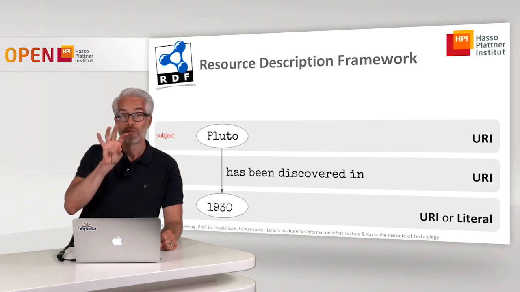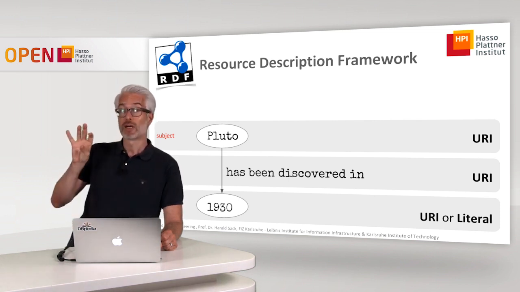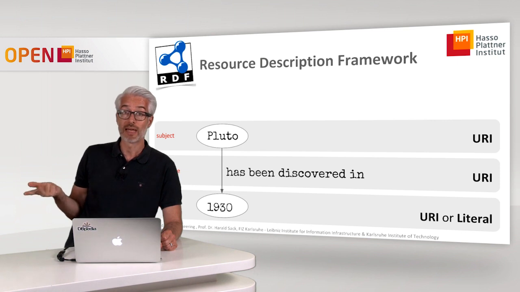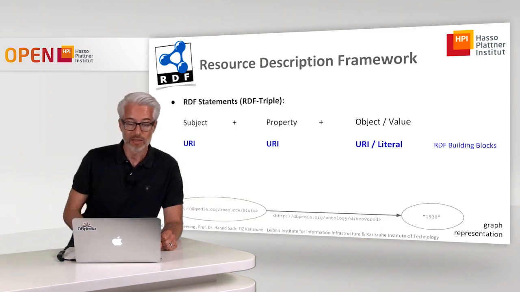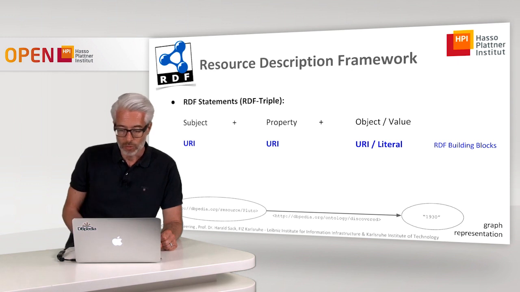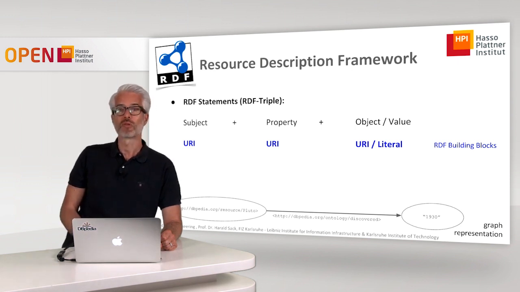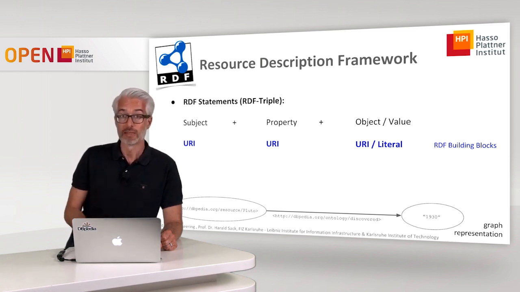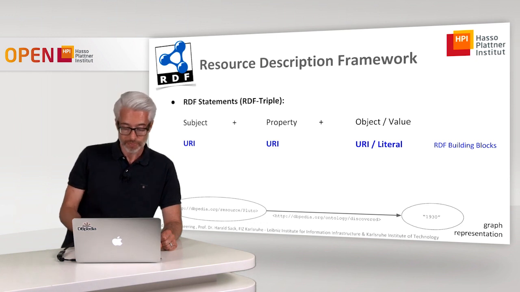So you have this threefold splitting. You have RDF triples. Subject is a URI. Predicate or property is a URI, and then the object can be a URI or a literal. So this is usually the rule: URI, URI, and then URI or literal. These are the RDF building blocks. You see here again the graph representation, here again with URIs, which denote the subject, the property or predicate, and then the object.